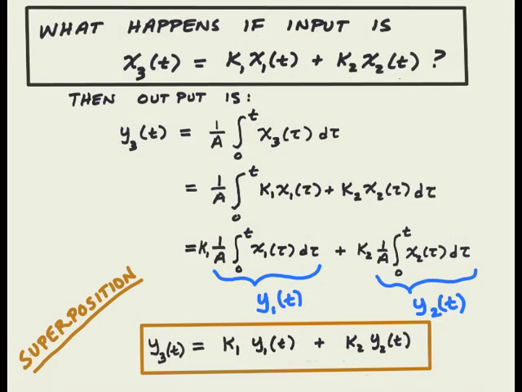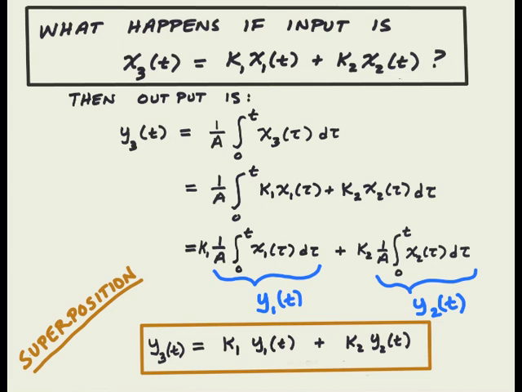So now we'll look at the case where the input was x3 equal to k1 times x1 plus k2 times x2. The output in response to this input will be y3 equal to 1 over a times the integral of x3. So we'll substitute in for x3 k1 times x1 plus k2 times x2. Then we'll divide that integral up into two parts and pull the k1 out of the first term and the k2 out of the second term.